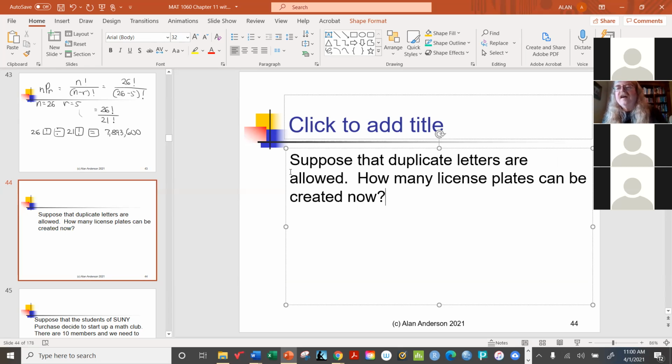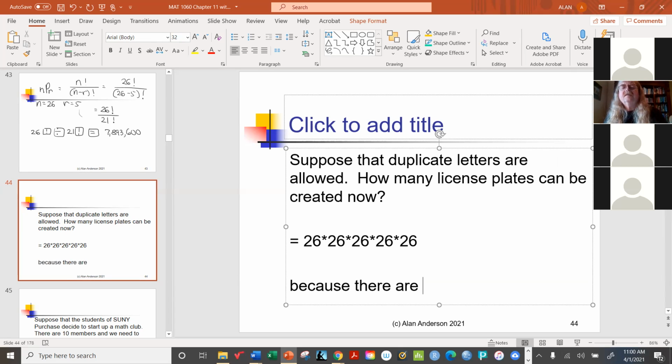So in other words, all 5 A's would be a valid choice. So here it would be 26 times 26 times 26 times 26 times 26, because there are 5 letters. We choose 5 letters, and there are 26 letters to choose from.